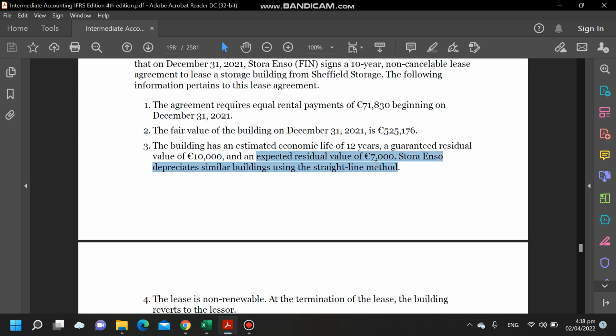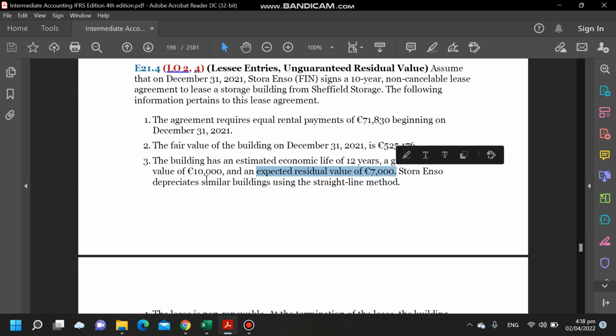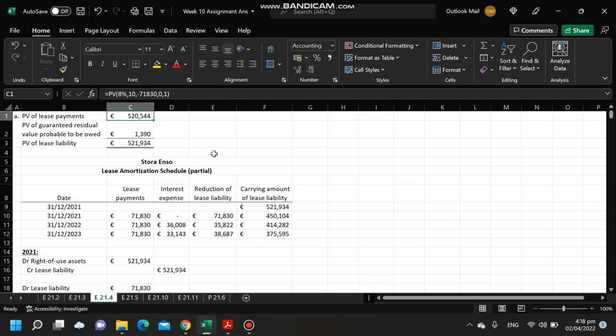And then from the question, we can see that the guaranteed residual value is 10,000. Meanwhile, the expected residual value is only 7,000. So it means that there are 3,000 that Stora Enso must pay to the lessor. And this must be included in the calculation of the present value of this liability.